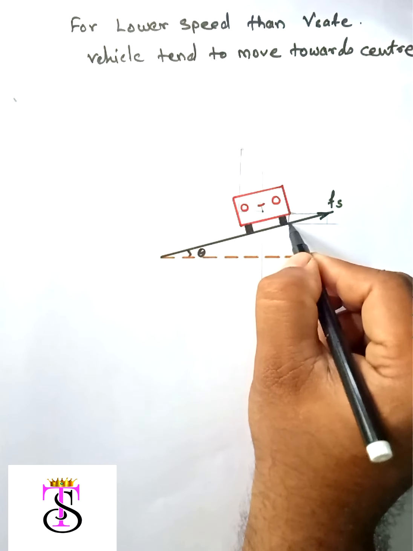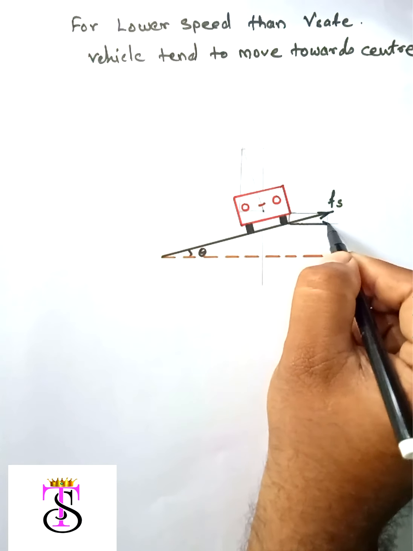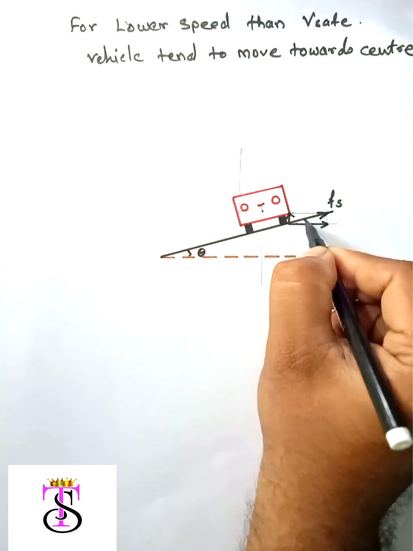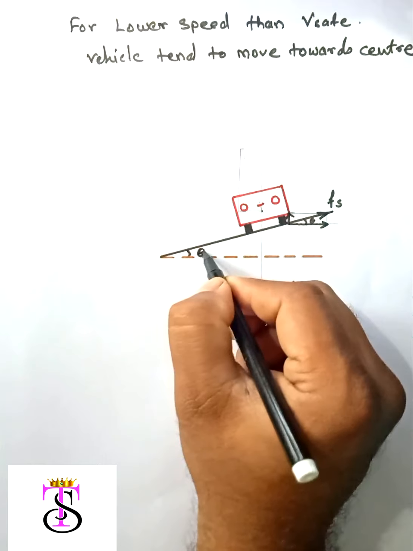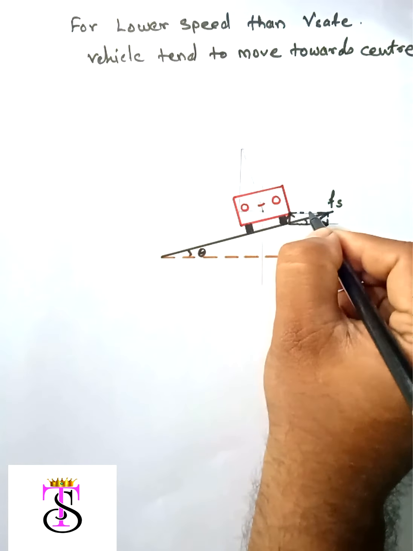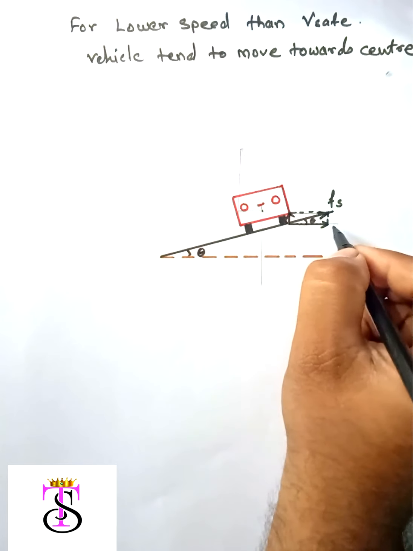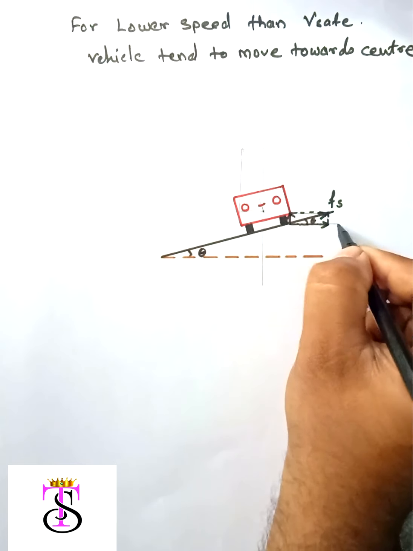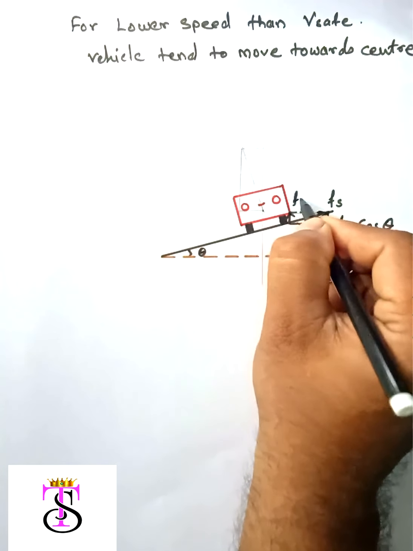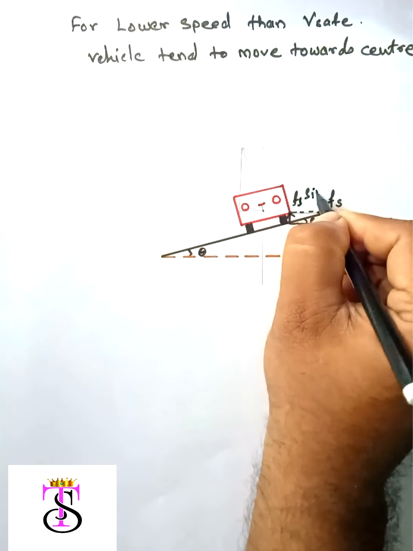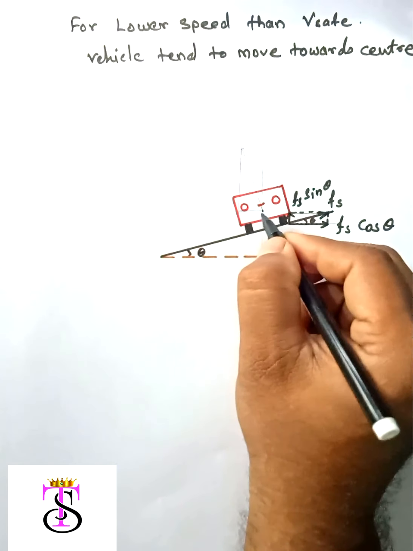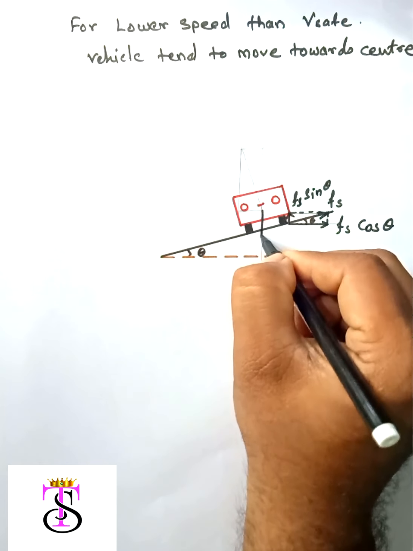So it will have two components, one horizontal and the other vertical. This is angle theta, the angle of banking theta. Its horizontal component is Fs cos theta and vertical component is Fs sin theta. Others are the same.